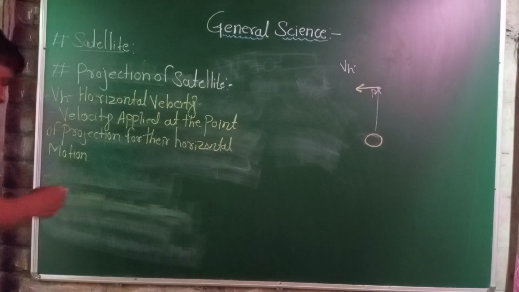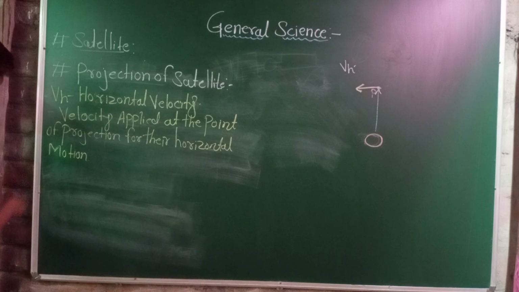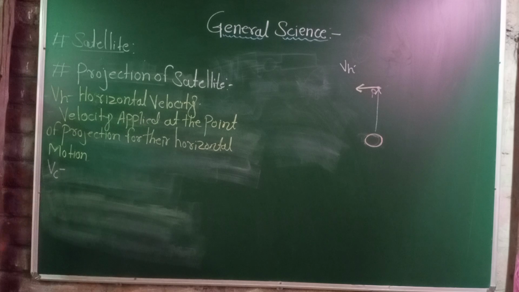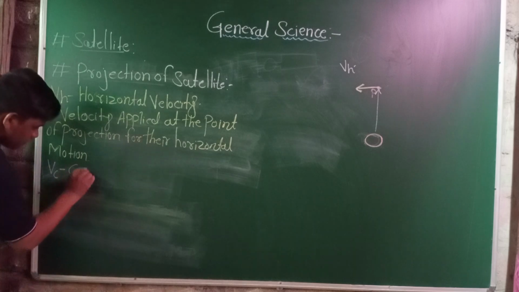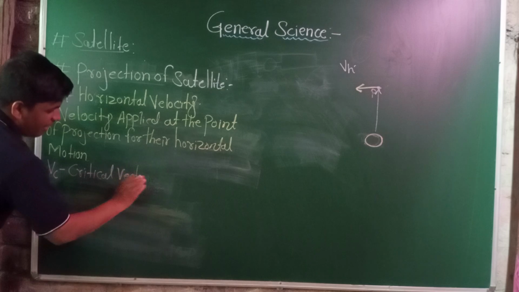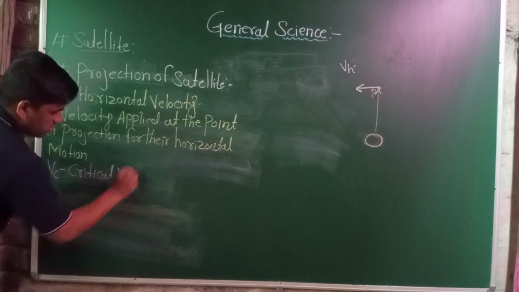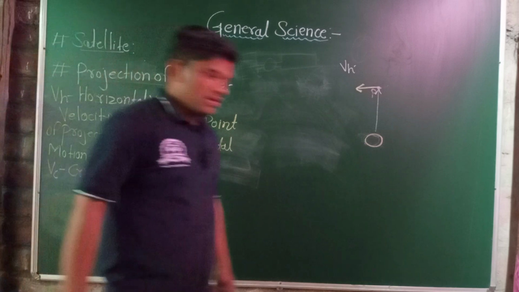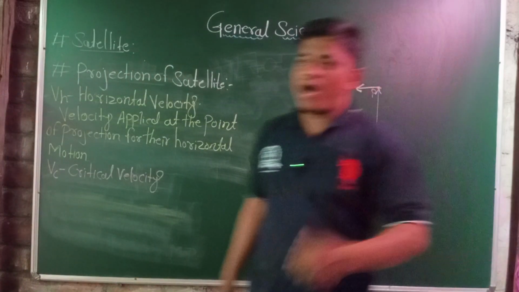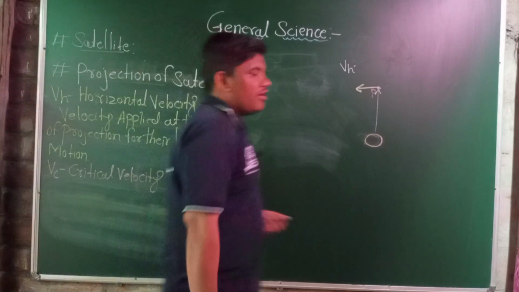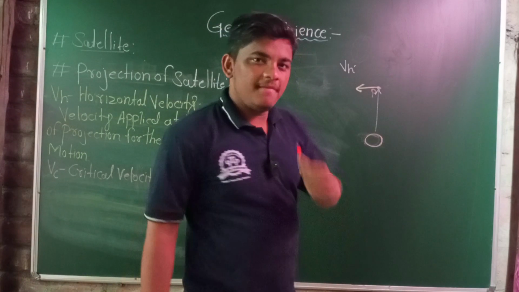This is the horizontal velocity, denoted VH. Another type is VC, also known as circular velocity or critical velocity. The applied horizontal velocity that makes the path of projection circular is known as the critical velocity.